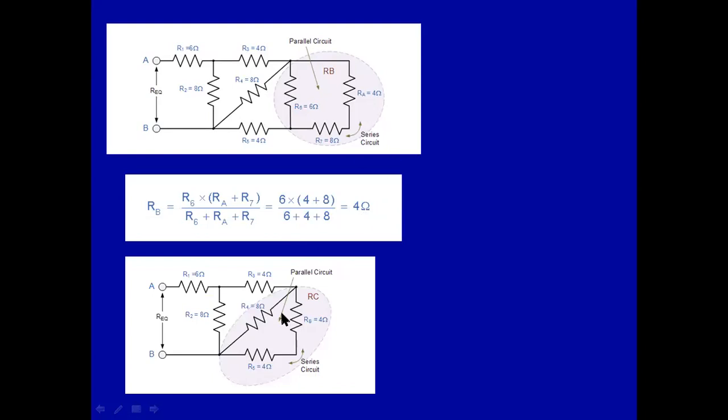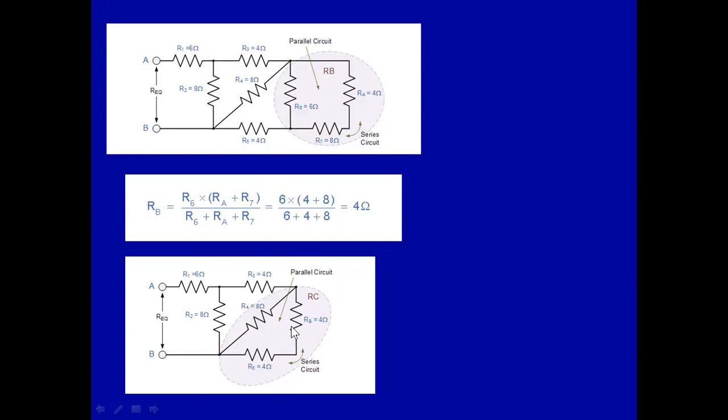So since we are done simplifying the whole circuit, now for the next step, okay, since your RB is equal to 4 ohms, your RB is in series connection with 4 ohms. Okay. So this one, your RB and R5 is in parallel connection with your R4.